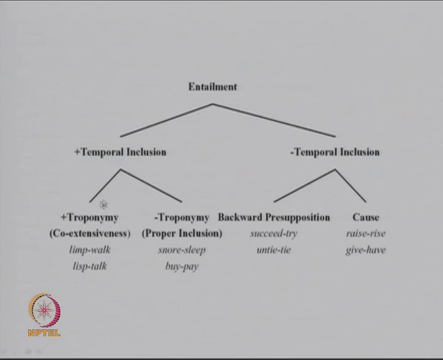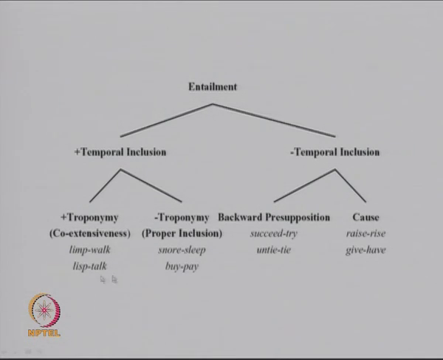With temporal inclusion, we have two kinds, which is plus troponymy and minus troponymy. Plus troponymy means co-extensiveness, minus troponymy is proper inclusion. When we have no temporal inclusion, then again there are two cases, one is backward presupposition and the other is cause.